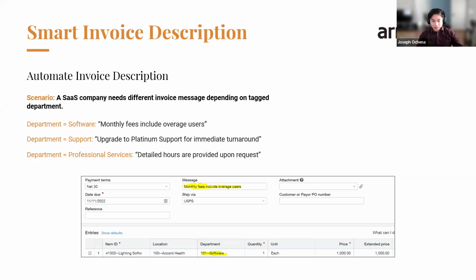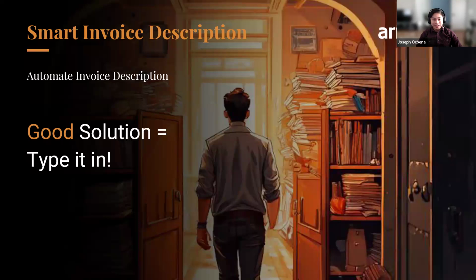Basically, you're creating an invoice and you want that message to change depending on the department of your line. So if your department is software, we want the message to say monthly fees include overage users. If the department is professional services, we want the message to say detailed hours are provided upon request, and so forth.